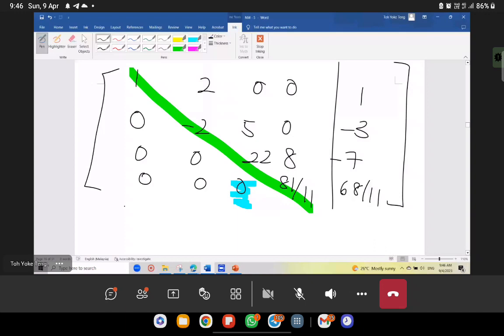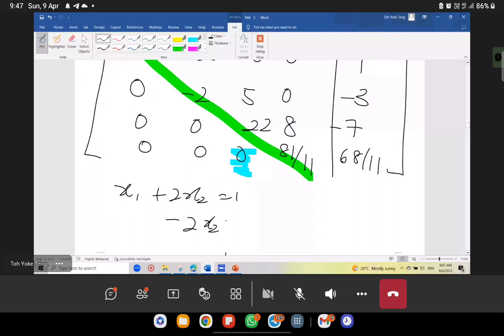So you may just rewrite it in equation. Okay, if you are confused, maybe you can write down the variables first. So from here, just rewrite it in equation. So x1 plus 2x2 equals 1.